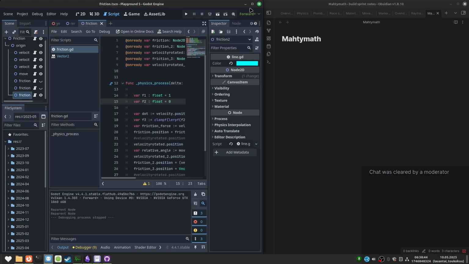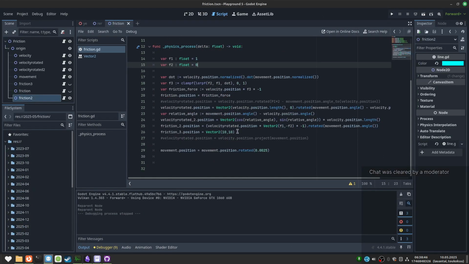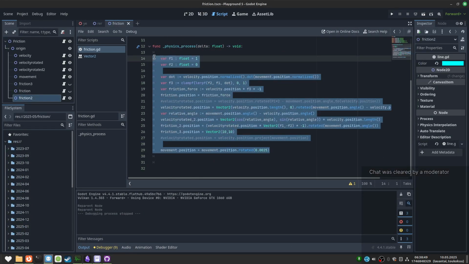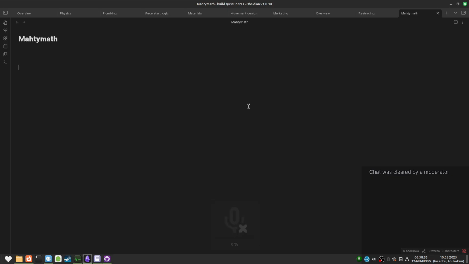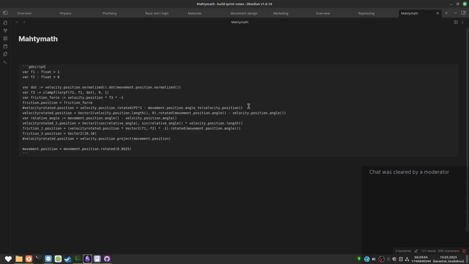I think I'll just copy this code. I don't think we have GDScript highlighting here. We don't. Let's do Swift, get some colors. We don't need that, we don't need that, we don't need that either.